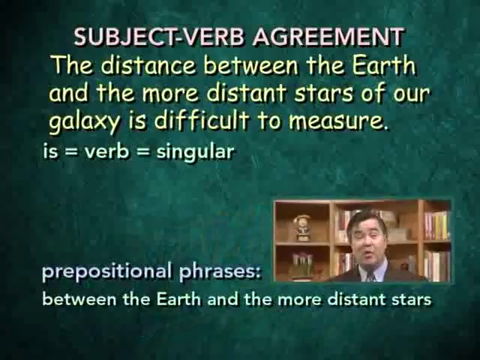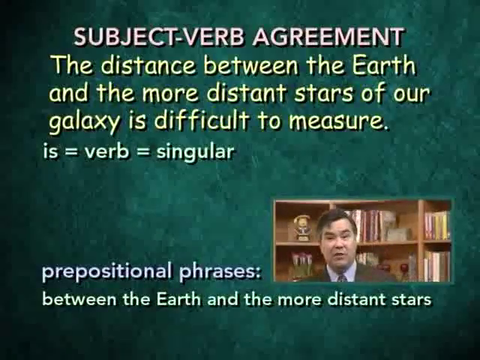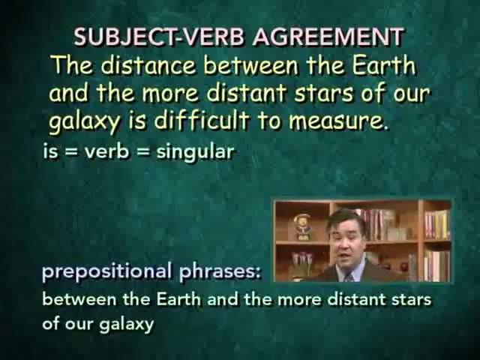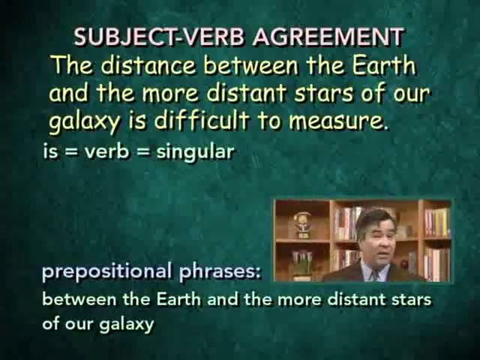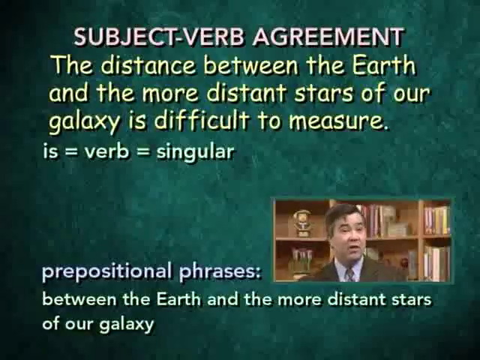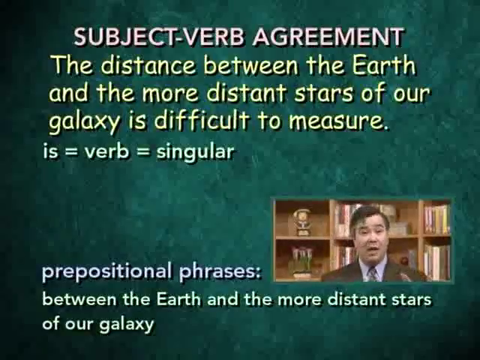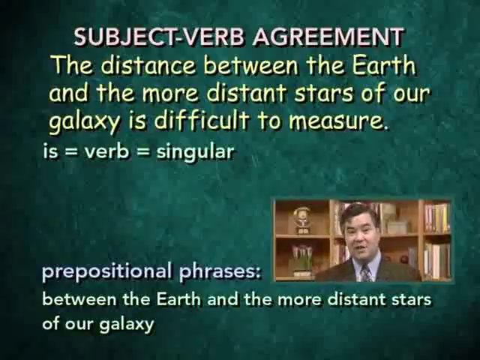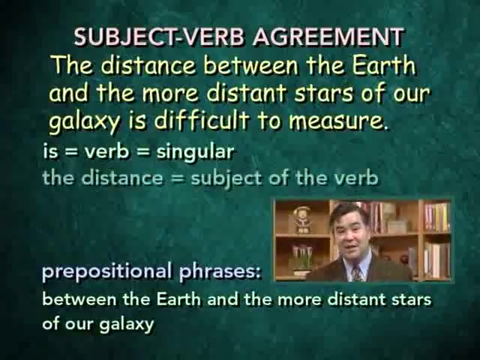Between the Earth and the more distant stars is one prepositional phrase, and of our galaxy is another prepositional phrase. Between and of are both prepositions, and the words that follow those prepositions and are linked to them are the objects of the prepositions. By eliminating those phrases, we can see that what's left is the distance.